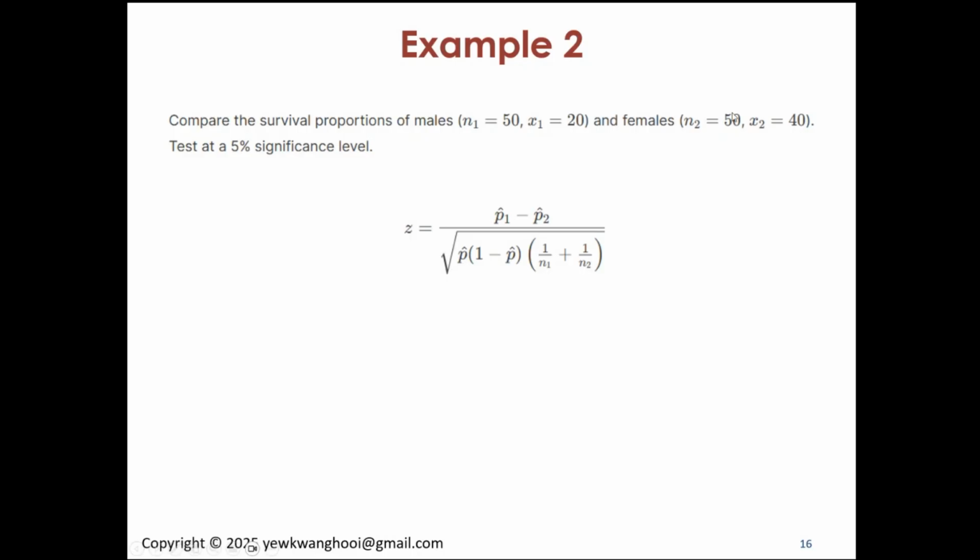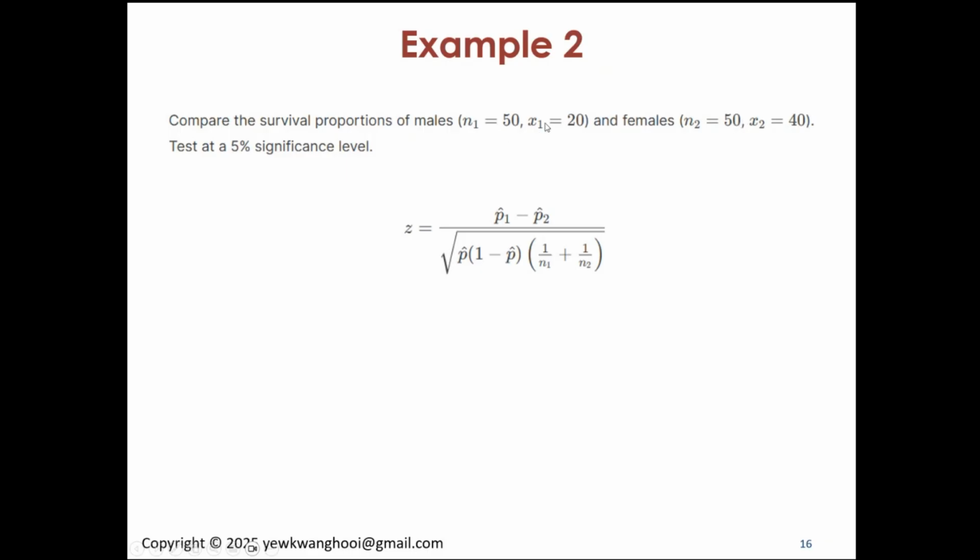If you look at this data, test at a 5% significant level. So what do I mean? Test what? Test the proportion between male and female. Is there a difference or not? Maybe the proportion is the same. So you'll be wondering, obviously here male 40% survive, female 80%, because male is 20 out of 50, female is 40 out of 50, right?